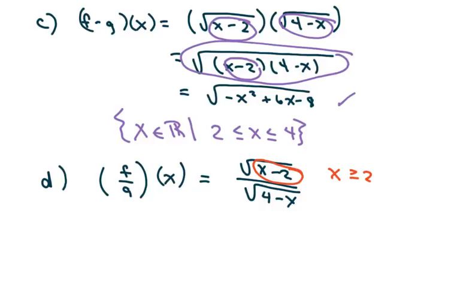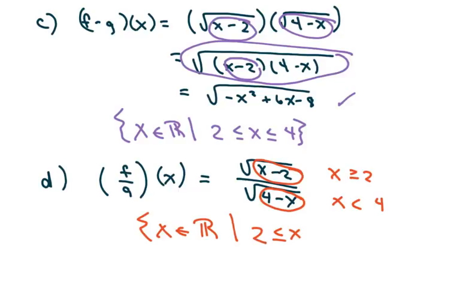And this one, since it's in the denominator, instead of x less than or equal to 4, it can't equal 4, because that would make the denominator 0. So we have to take away the equal sign there. It can only be less than. So it's the same, except x is between 2 inclusive and 4 exclusive.